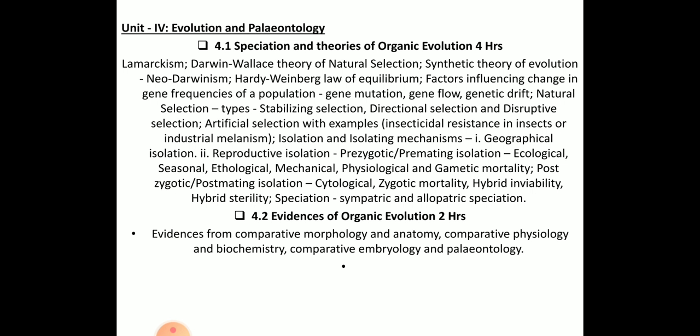When you compare the embryo of humans to vertebrates like frog, the first embryonic stages look alike, but when comparing the last stages, the formation of fingers, beak, mouth or the head will differ from one organism to another. So that will be studied in comparative physiology and biochemistry, and comparative embryology and paleontology.